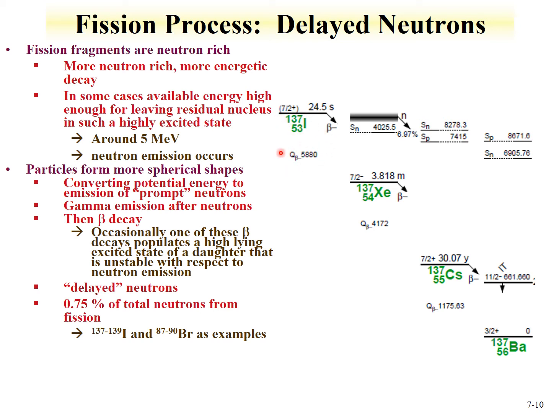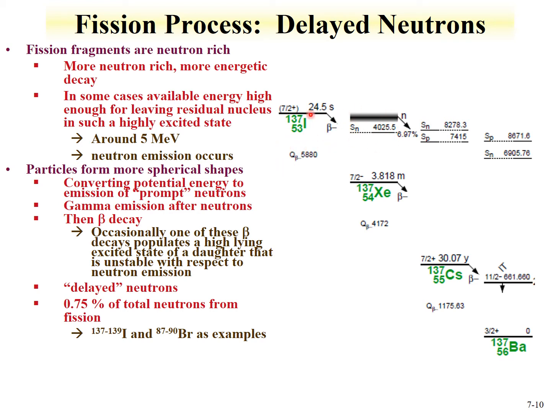We see that iodine-137 has a Q value of 5.8 MeV. And the daughter, the xenon-137, the data shown here, there's this S_n value, the neutron separation energy, and it's at 4 MeV. So this Q value is enough, this energy is greater than the neutron separation energy.